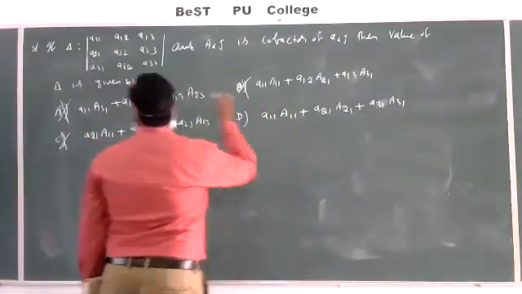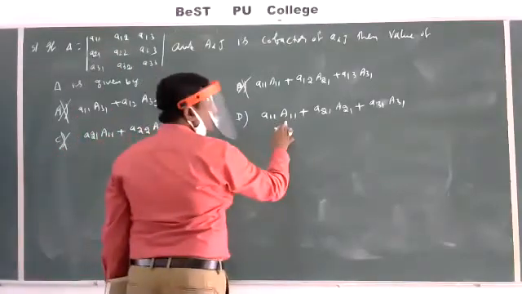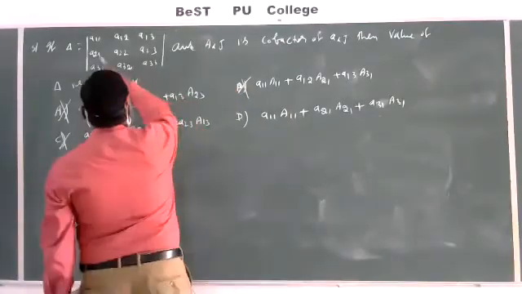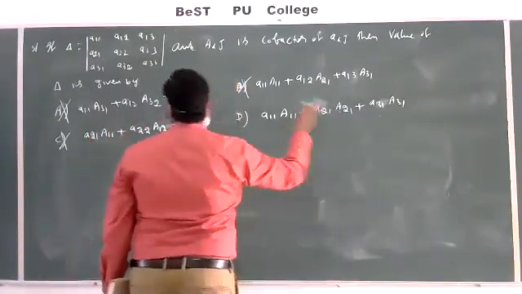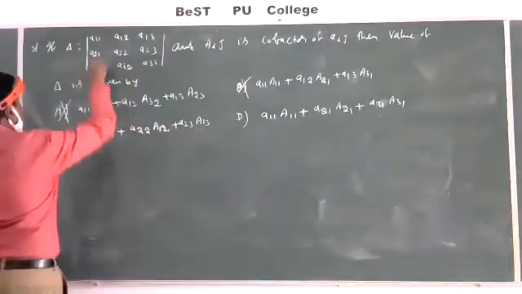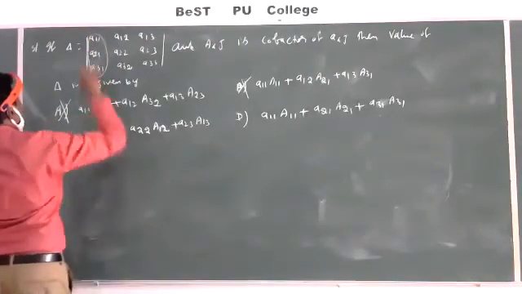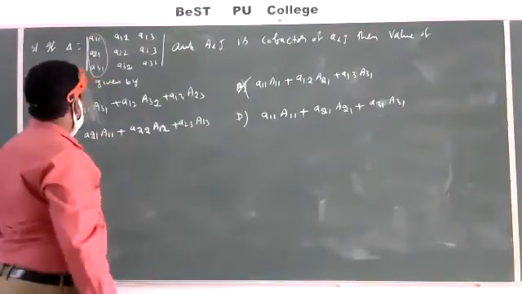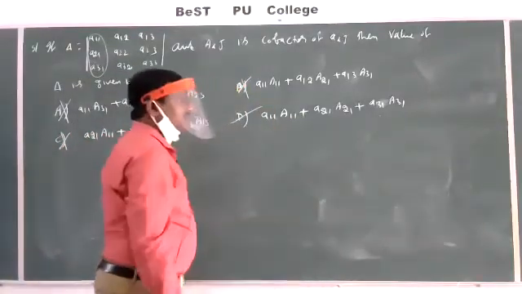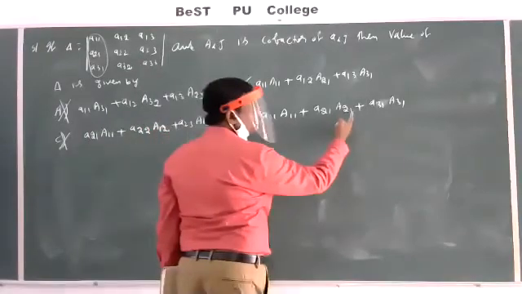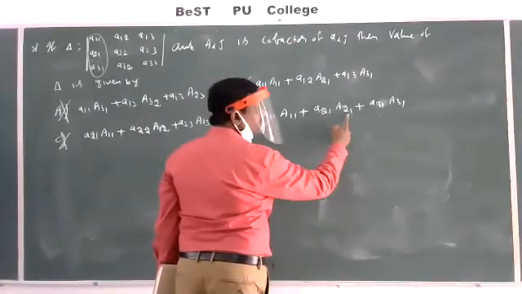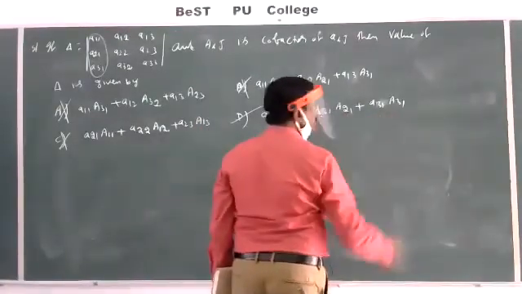Observe this one: A11 capital A11 is a first row element with its corresponding cofactor. Next, A21 capital A21 and A31 capital A31. That means this fourth option is using first column elements and first column cofactors: A11 capital A11 plus A21 capital A21 plus A31 capital A31.